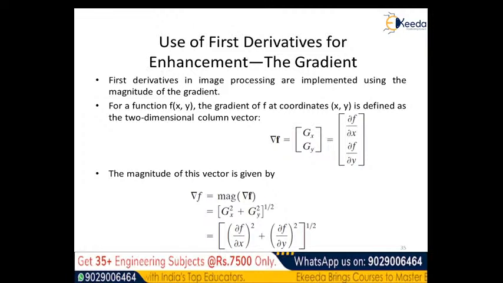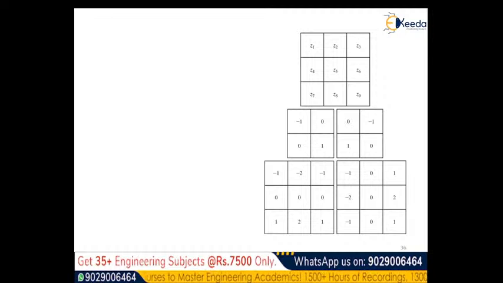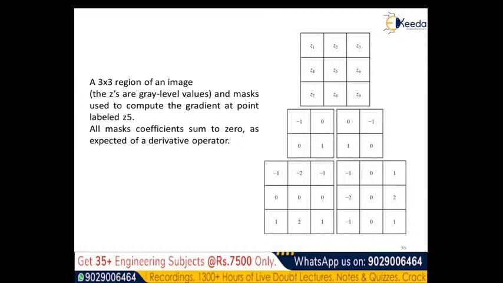Next, we have the example filter masks to be used for first order differentiation. The first mask has the coefficient values from Z1, Z2, Z3 up to Z9. This description is for the 3 by 3 region of the image, and now we can use it for spatial filtering.